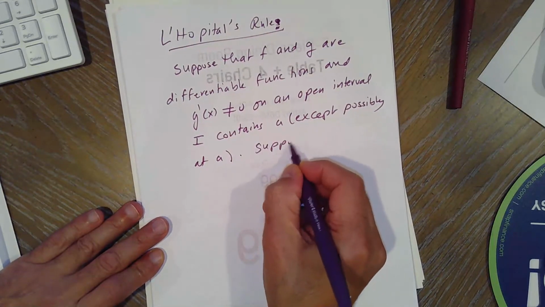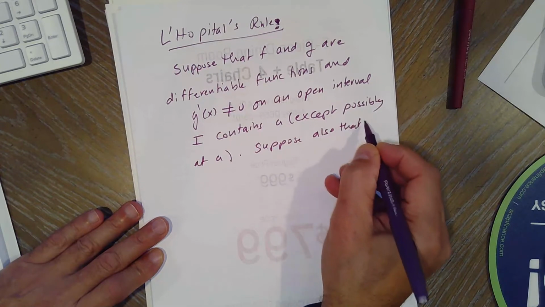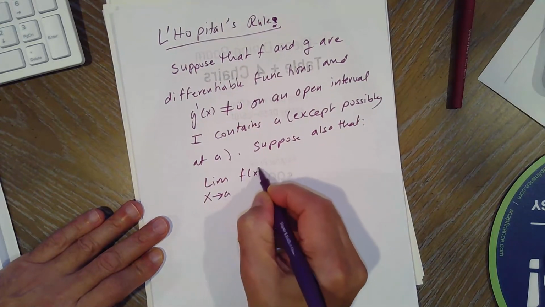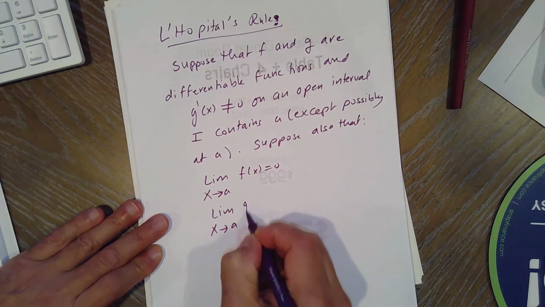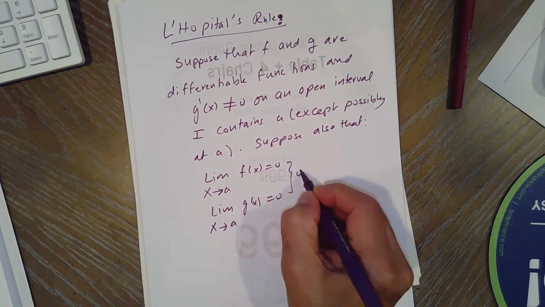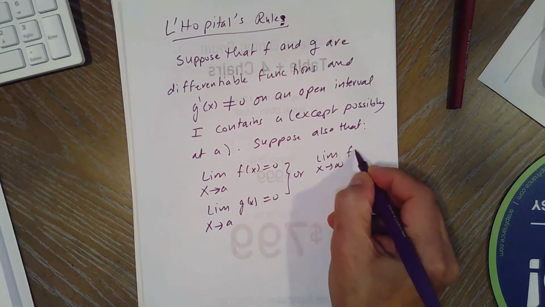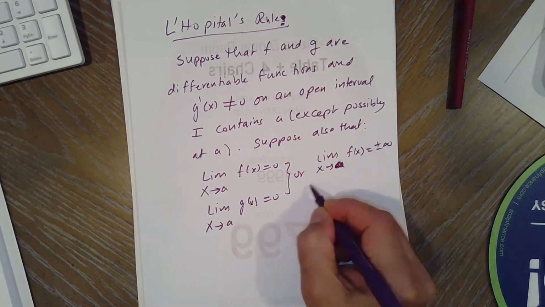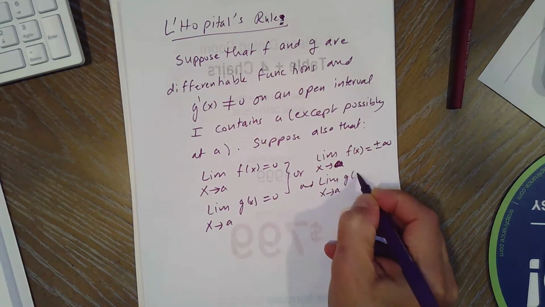Suppose also that the limit as x goes to a of f of x equals 0 and the limit as x goes to a of g of x is 0, or the limit as x goes to a of f of x is plus or minus infinity and the limit as x goes to a of g of x is plus or minus infinity.